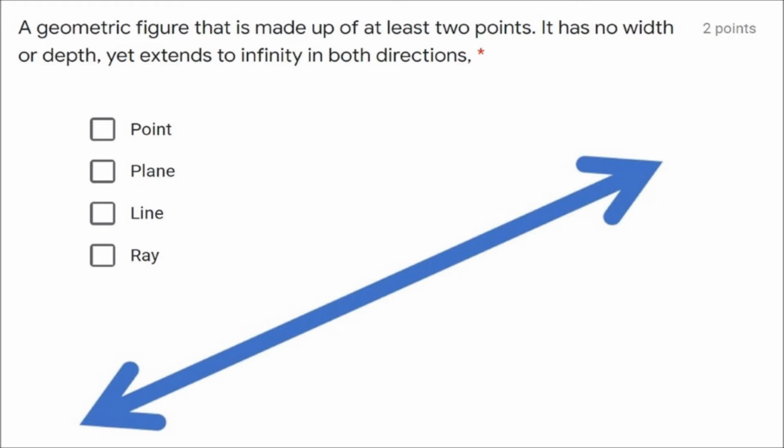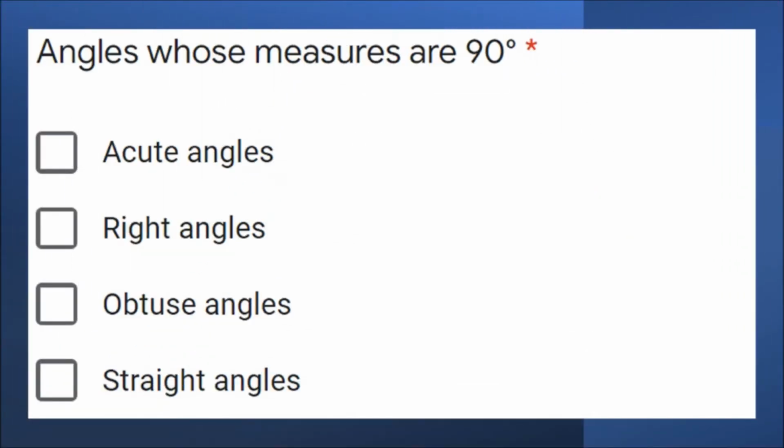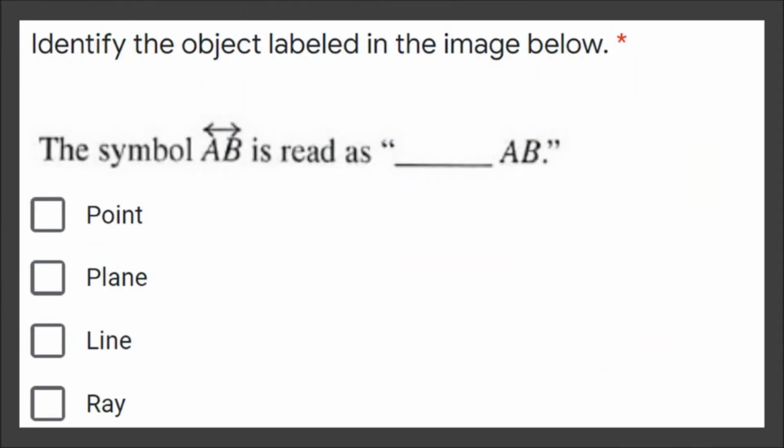It has no width or depth, yet extends to infinity in both directions. Angles whose measures are 90 degrees. Identify the object labeled in the image below. The symbol AB with a line with arrows on both ends is read as blank AB.